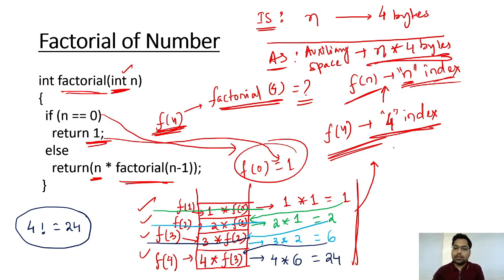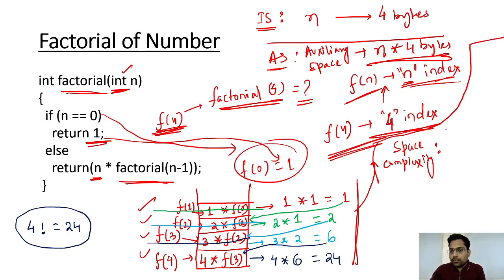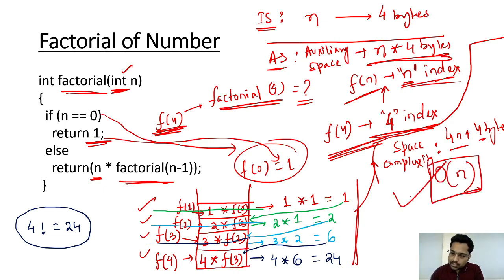In total, the space complexity is the addition of these two: 4 plus 4n plus 4 bytes. Out of this, 4n is greater, so better you write the space complexity as this, or c into n also you can write.